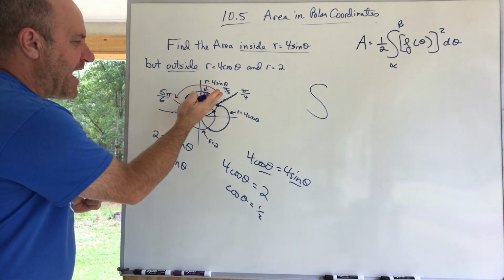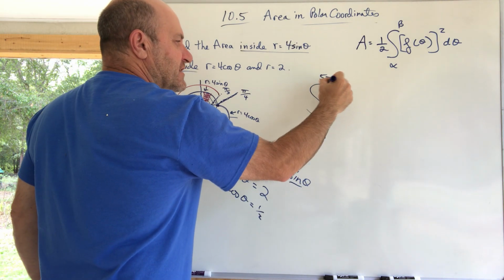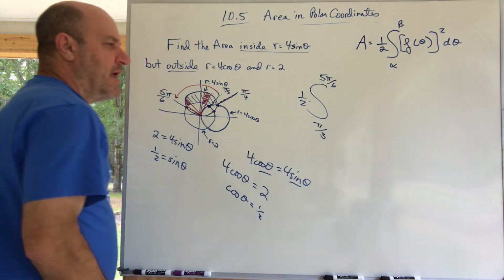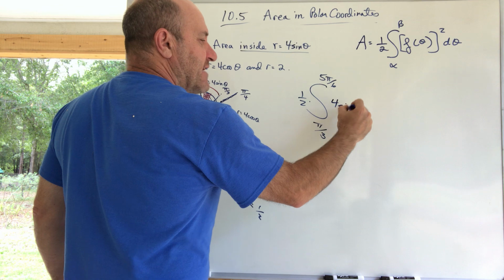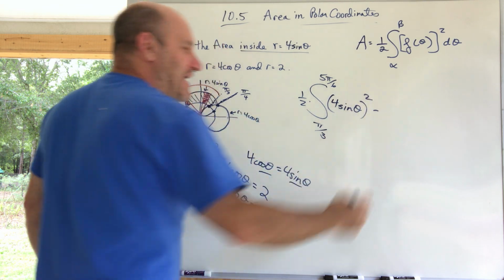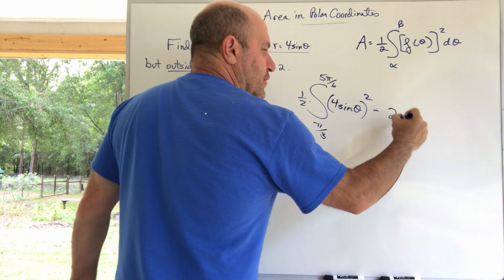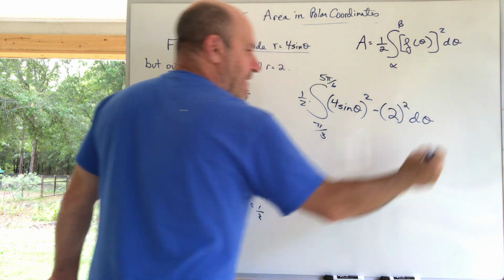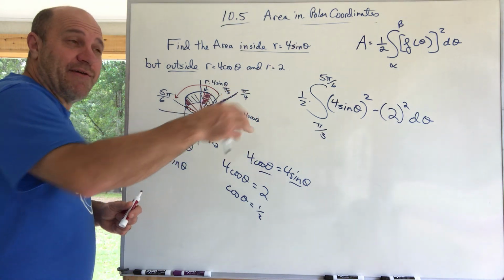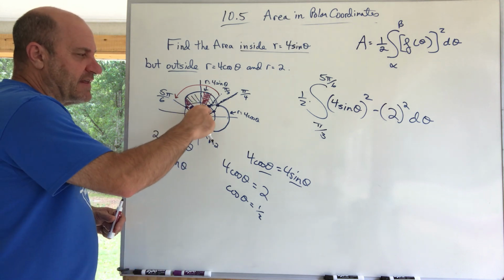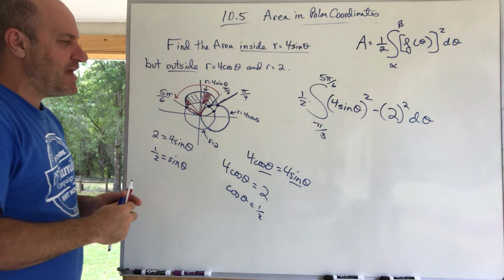Let me set this up: pi over 3 to 5 pi over 6, 1/2 out front, the outer function squared, 4 sine theta squared, minus the inner function, R equals 2, this 2 squared. That's how you subtract out area. My sector went over that area that I didn't want, so I'm subtracting that out. That gives me a big chunk of this.